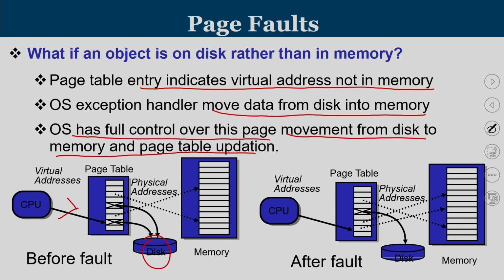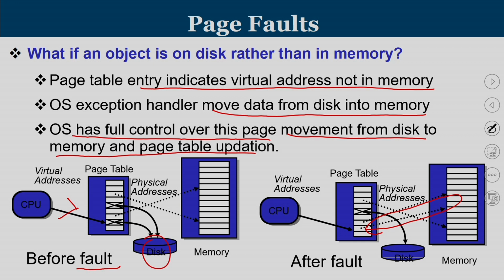Now after the page fault, if you look at the scenario, the virtual address is given and it maps to one location, and from that location you are actually pointing to a new main memory frame. So previously we had a case where the virtual address given by the CPU did not have an equivalent physical address, and that is what is known as a page fault.